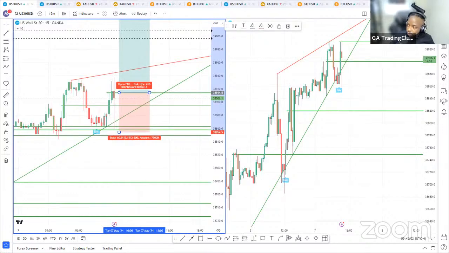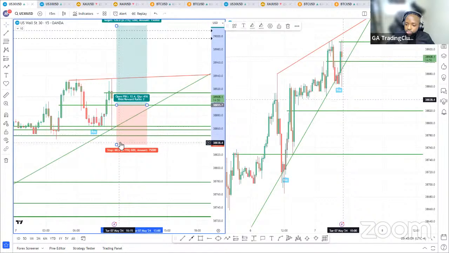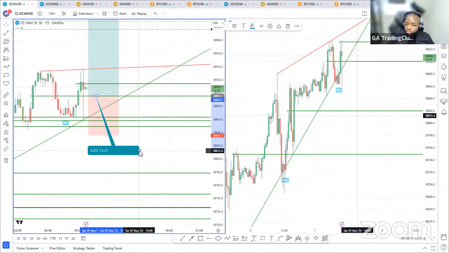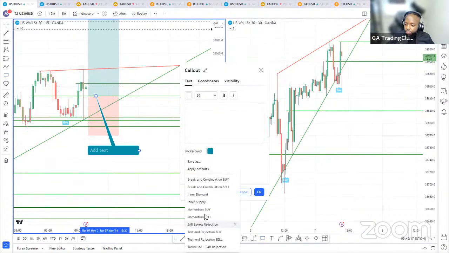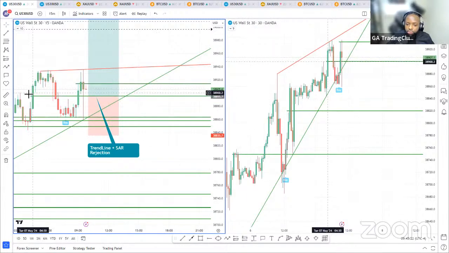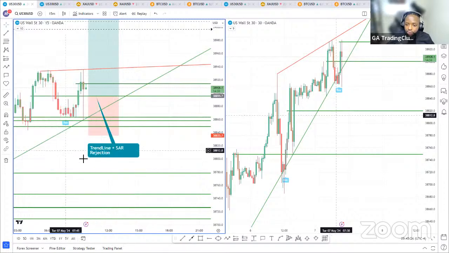So okay, it closed. The nearest SAR it closed is here. So this one, yeah, like a 60-point stop loss. So you'd want price to first come down before going back up, and we have something like that. And then I'll set an alert. So we would want price to come back down here first.